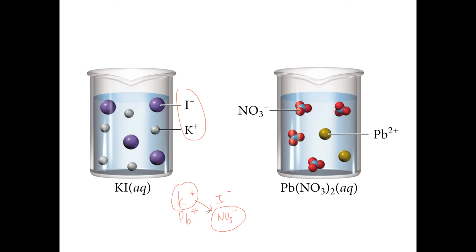So we go back to the table and we see nitrates are soluble with no exceptions. So no, this is not going to precipitate. And what about lead and iodide? Is lead going to react with iodide and make a solid?